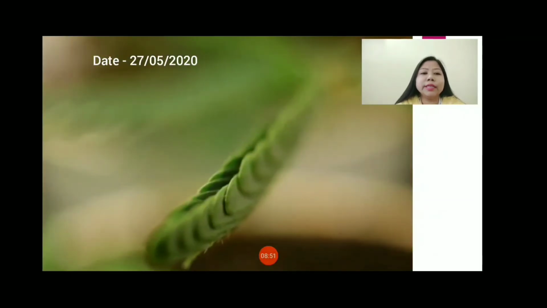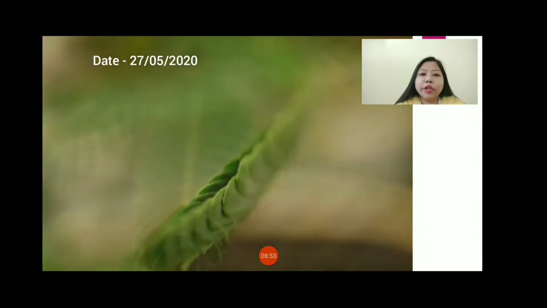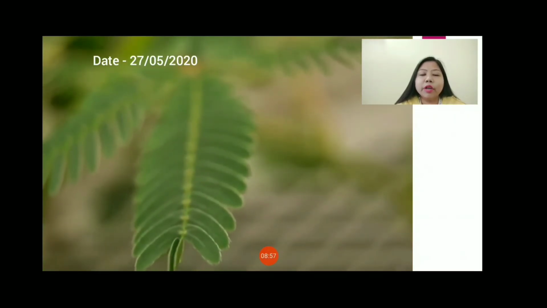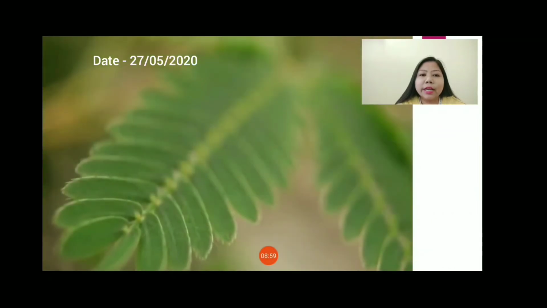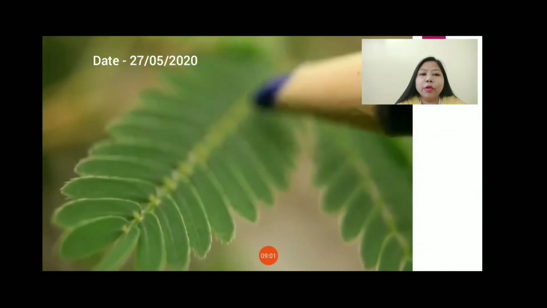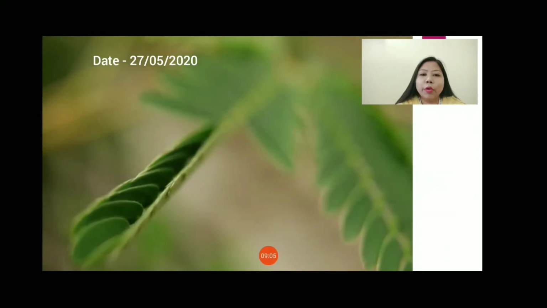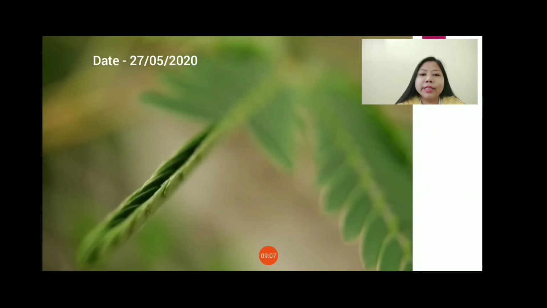So here you can see a video which shows that when the leaves of the mimosa plant are touched, they fold. So it is touched and now it is folding. Fine. And why is this happening?